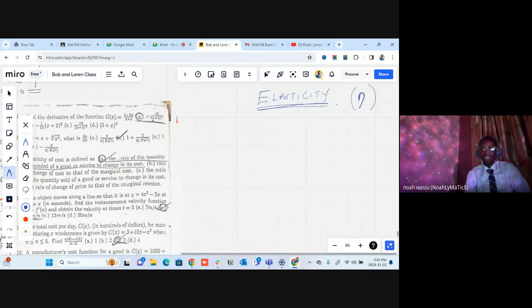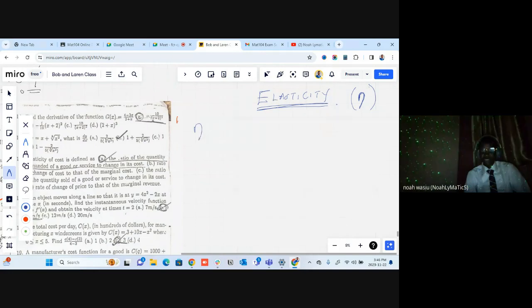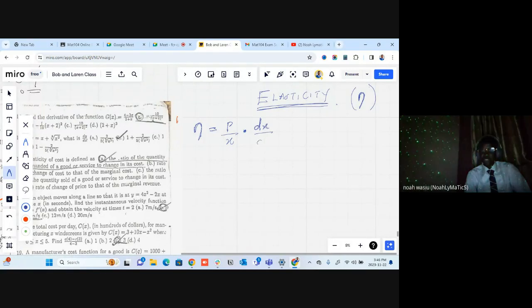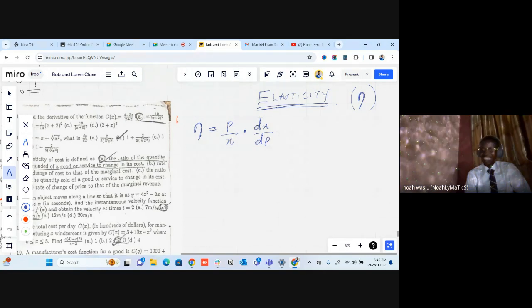It has its own formula, but let me state the formula first. The formula is equal to price over commodity times, when I use a dot, it means times, change in commodity with respect to change in what? Price. That is the formula for elasticity.